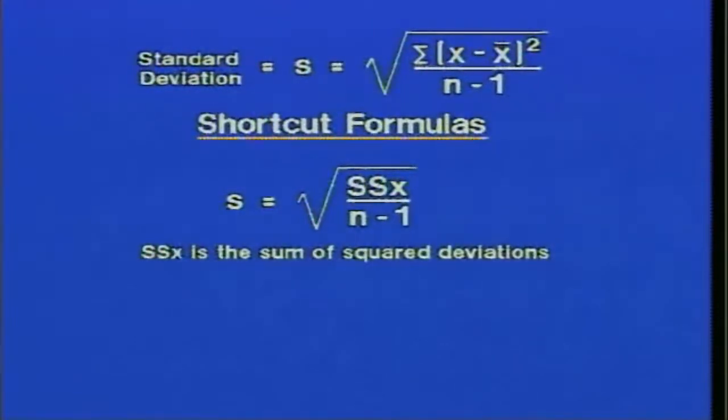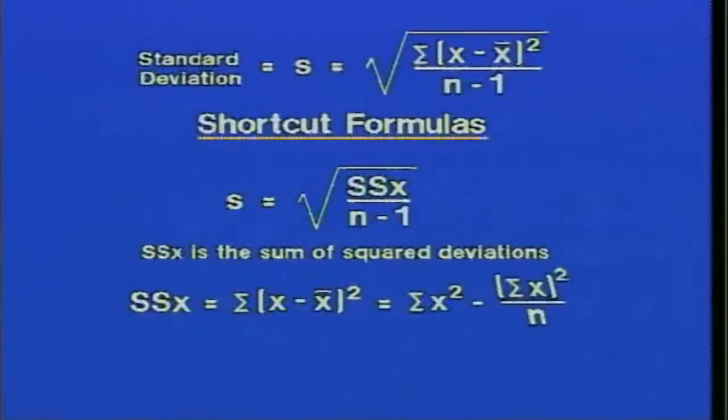Well, it turns out that if we take that SSX, which is the sum of squared deviations, and perform some algebra on it, it's equal to the sum of x squared. That's the sum of all of the x values squared, the sum of a column that would be composed of that, minus the sum of the x's all squared over n.